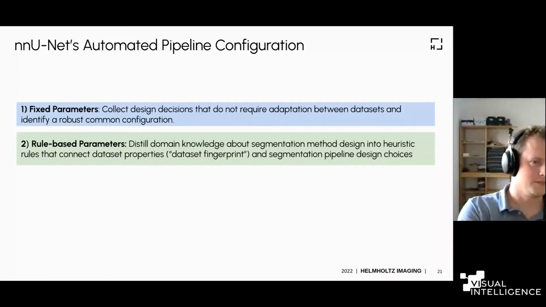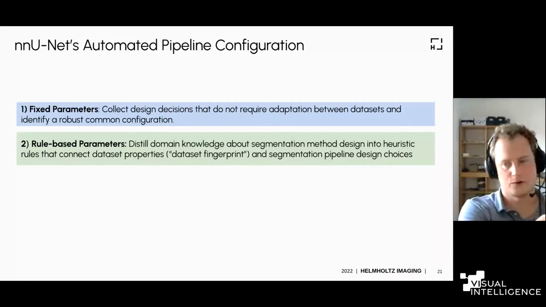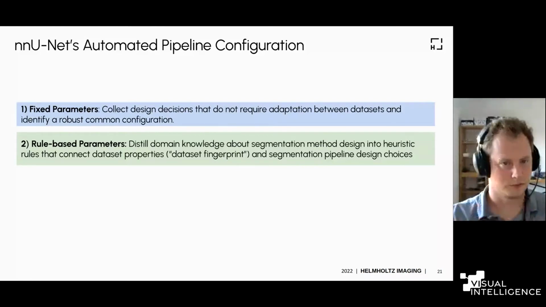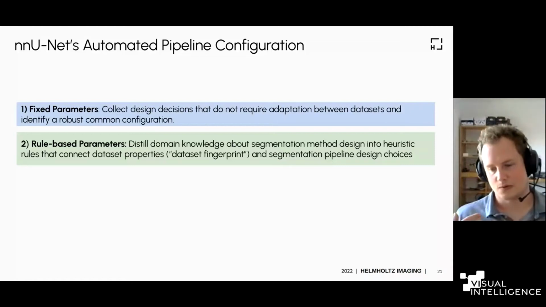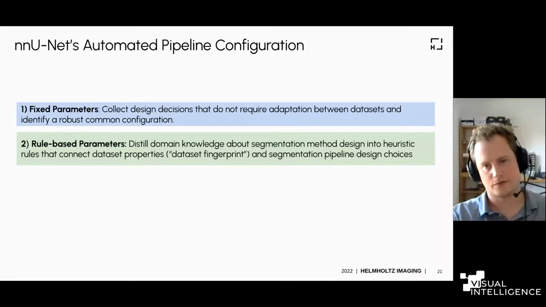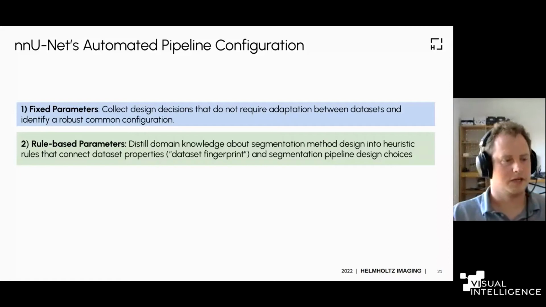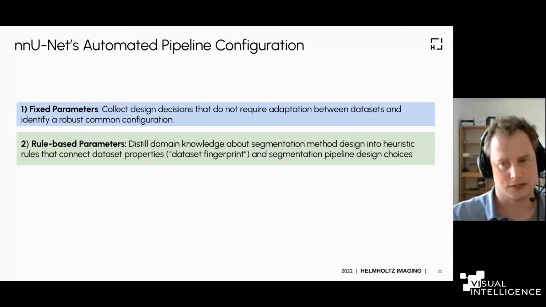Like what manual adaptations would I need to make for this new given data set? Like what would be my educated first guess? And these kinds of things, we have essentially just tried to formulate into some form of code and make this formulation dependent on what the new data set looks like.